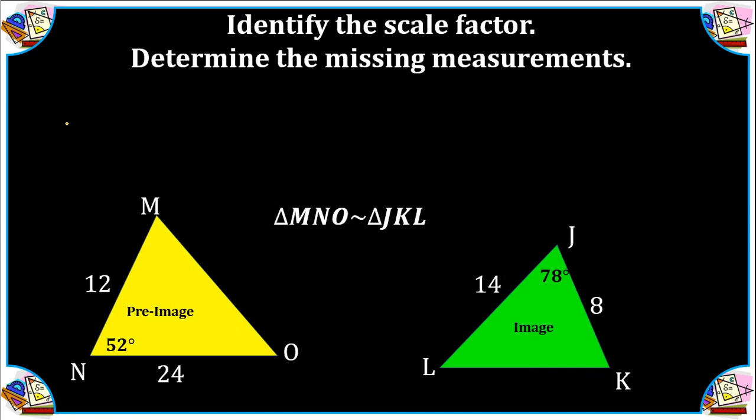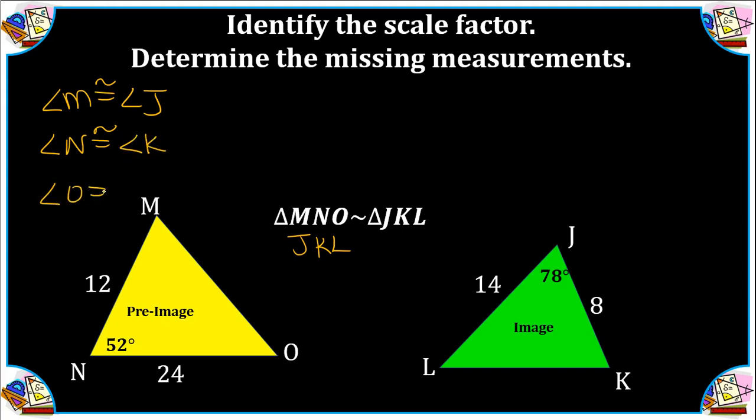Okay, let's identify the scale factor here. First, let's identify our angles. MNO is similar to JKL, so angle M is going to be congruent to angle J, angle N is going to be congruent to angle K, and angle O and angle L are congruent. So let's find these measurements.